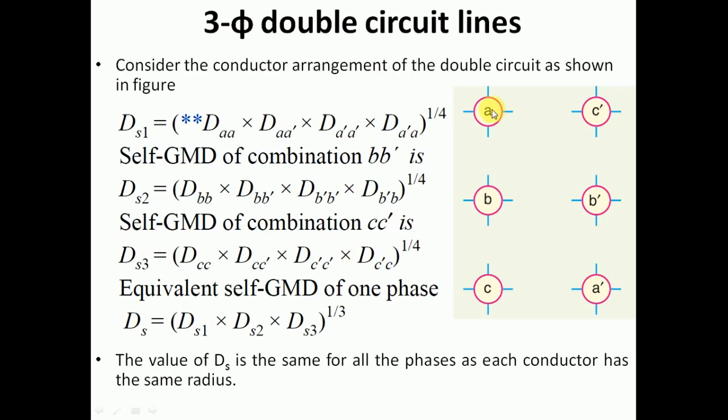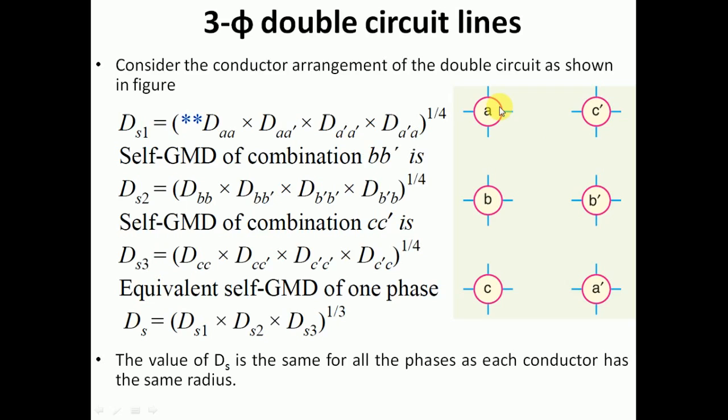In order to achieve this large value of self GMD and a low value of mutual GMD, the individual conductors of a phase are separated as widely as possible. If you can see here, these are two conductors of phase A. In this case also, you can see these two conductors are placed as widely as possible. So definitely their DS value, that is self GMD value, will be very large.